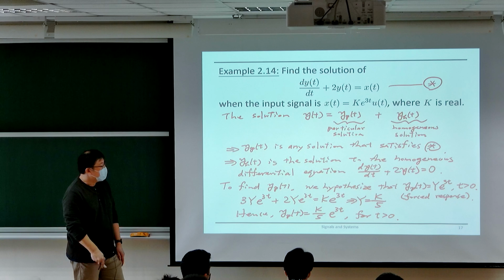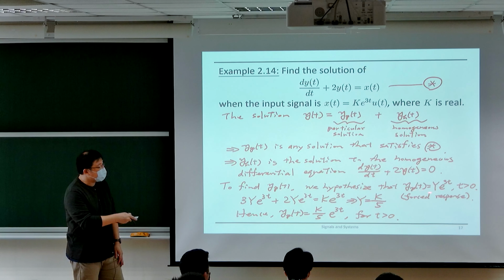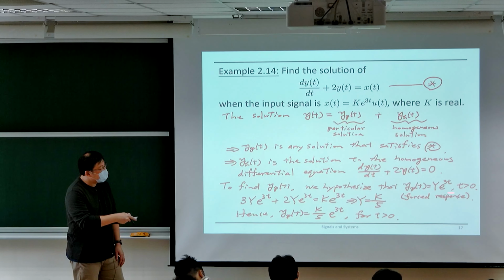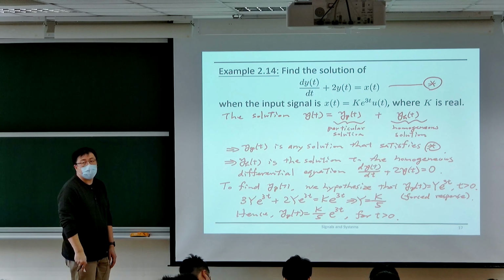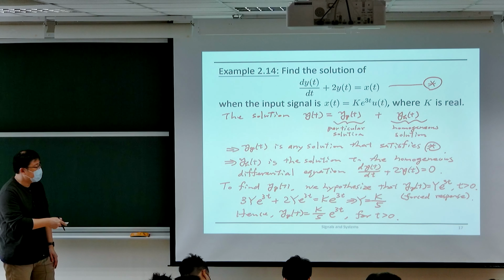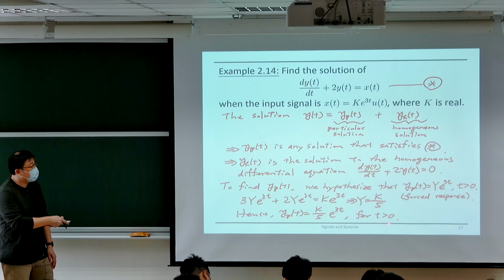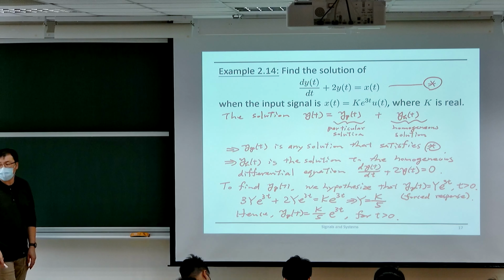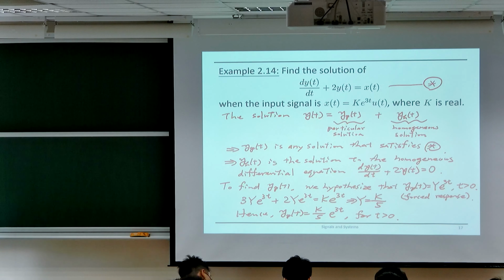So we make this guess and check if this is true. We substitute this inside the equation and we find that this indeed is true by choosing y equal to k over 5. So a particular solution is equal to k over 5 times e to the power 3t for t greater than 0.